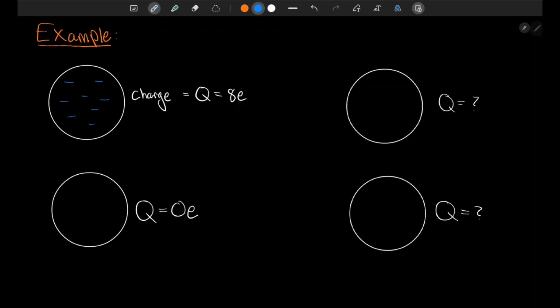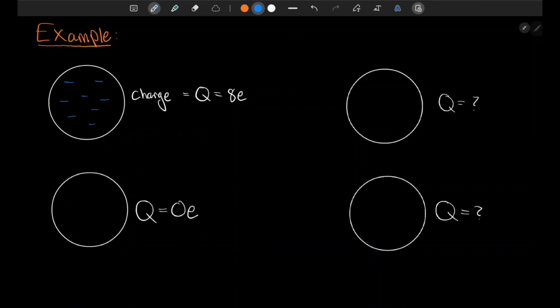And finally, looking at a very common example in E&M, what you'll often have to solve for is the total charge, let's say on two spheres. On the left side, we have two spheres, one of which is electrically neutral, which is the bottom one, and the top sphere is electrically charged.